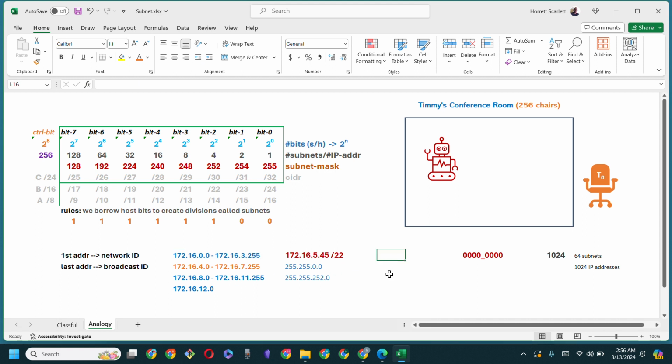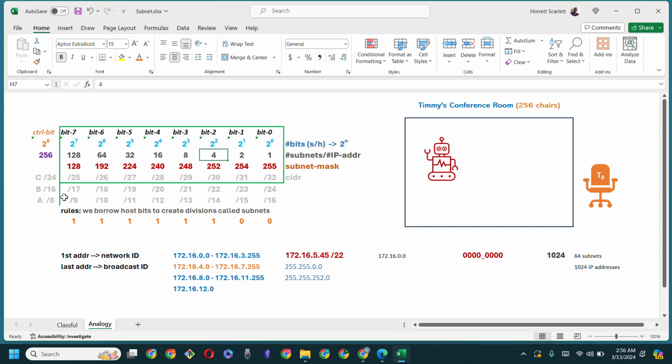So the first IP address we know is 172.16.0.0, and if we look at the increment size, we had identified it to be 4, because we are using a /22 CIDR notation. So the increment is 4.